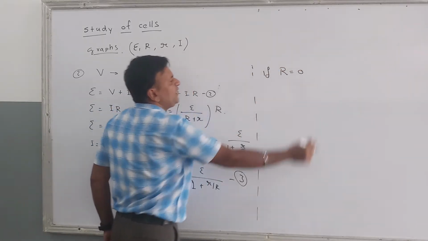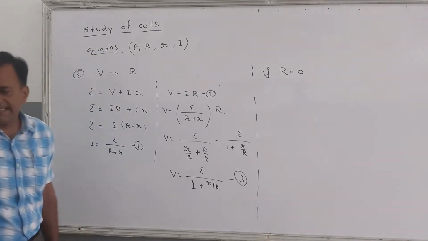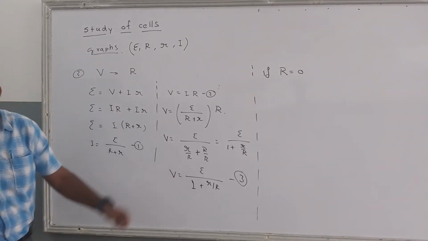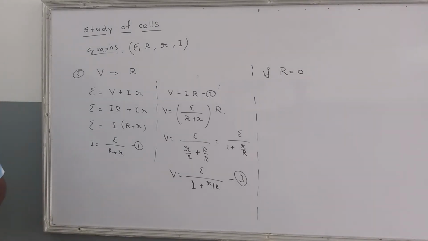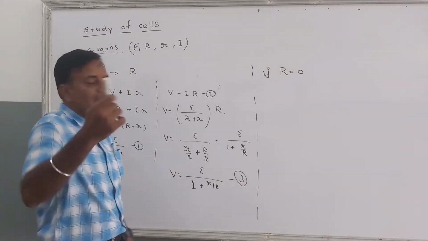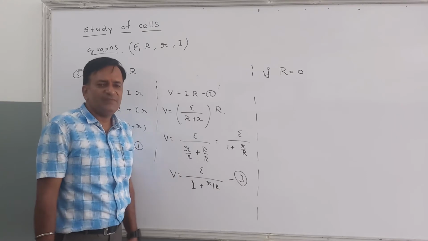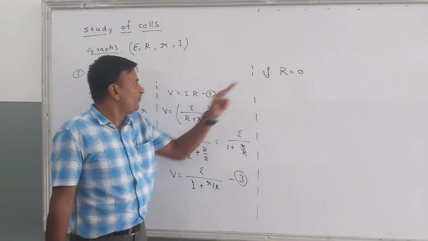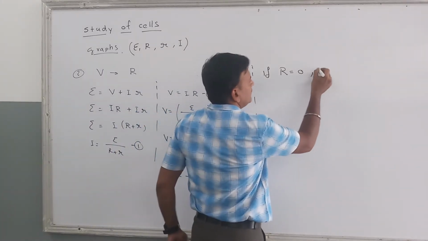If R, the external resistance, is equal to 0, what will happen to the potential difference? Can you guess it? This will be very simple. If R equals 0, V will be equal to 0.